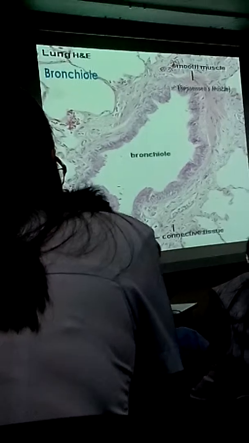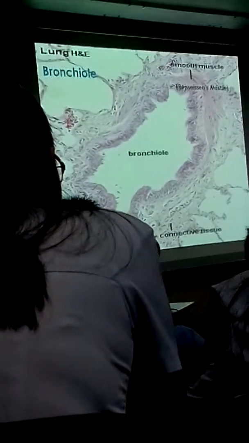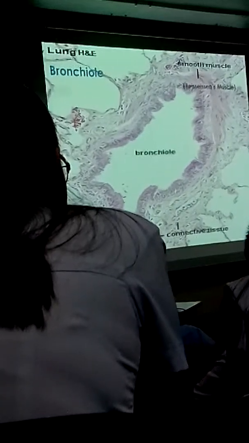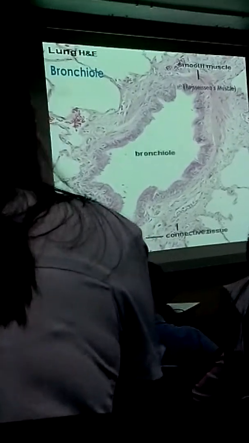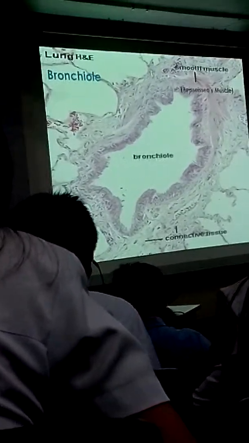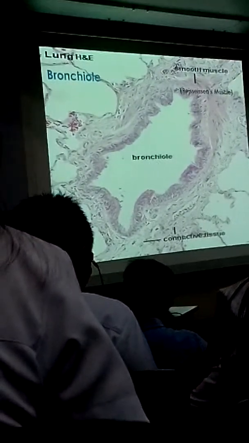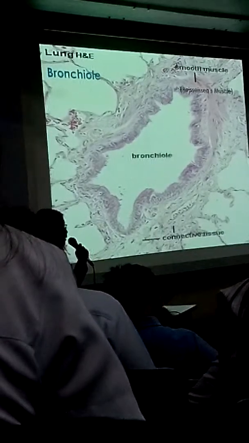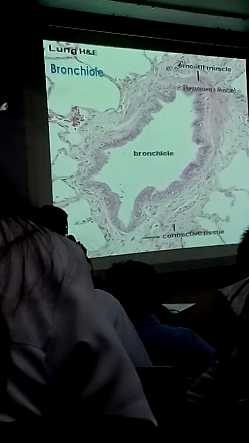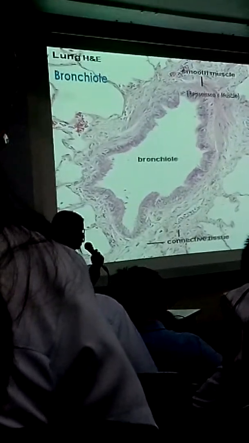It is about 1 millimeter in diameter, without cartilage, and there are no glands in your bronchiole. That's one of the differentiating characteristics of your bronchiole from your bronchus. No cartilage and no glands.